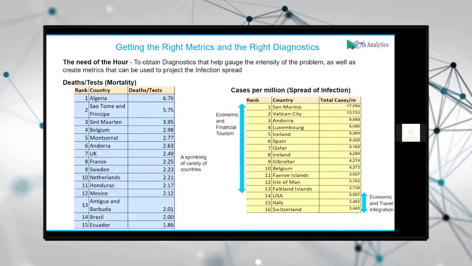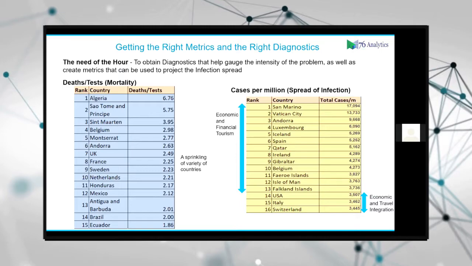Now, we do not come from the medical science fraternity, but from the sheer perspective of analysis for people who are more or less data enthusiasts, what would you actually look at? One thing that obviously first comes to your mind is the number of deaths.